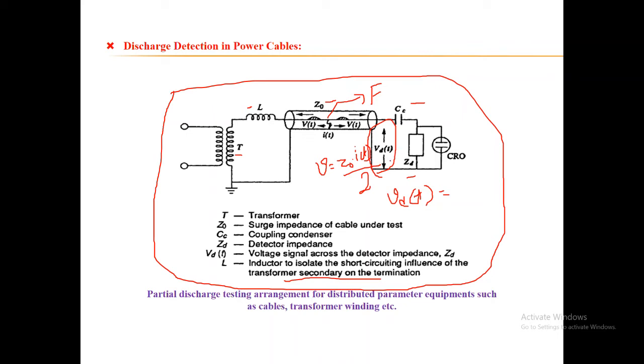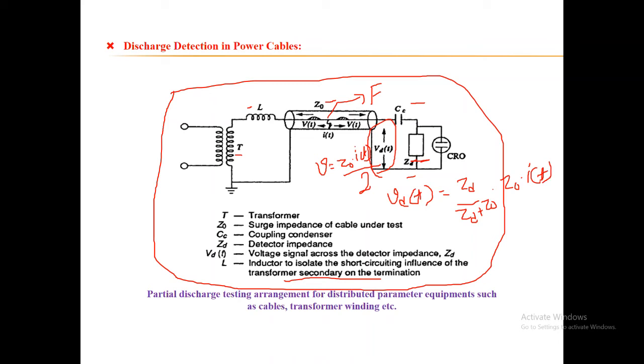Our target is to determine the voltage available at this detector impedance. So by applying the potential divider, it is Zd upon Zd plus Z0, the surge impedance of the cable, into Z0 into I of t.